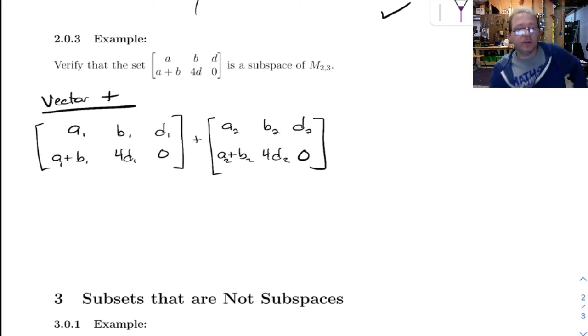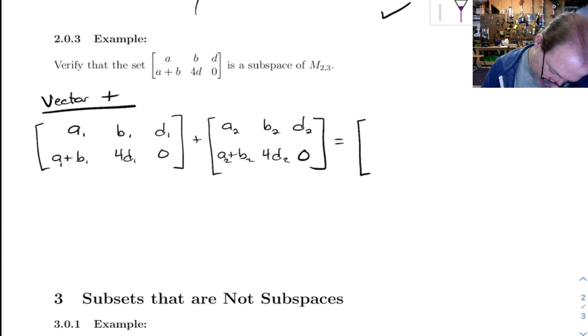So when I add those together, this is going to be a1 plus a2, b1 plus b2, d1 plus d2. This entry here is going to be a1 plus a2 plus b1 plus b2.